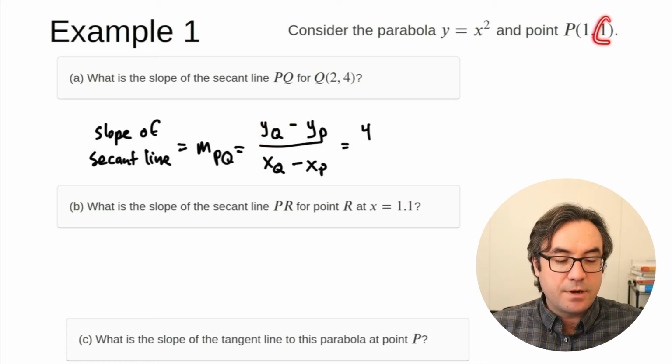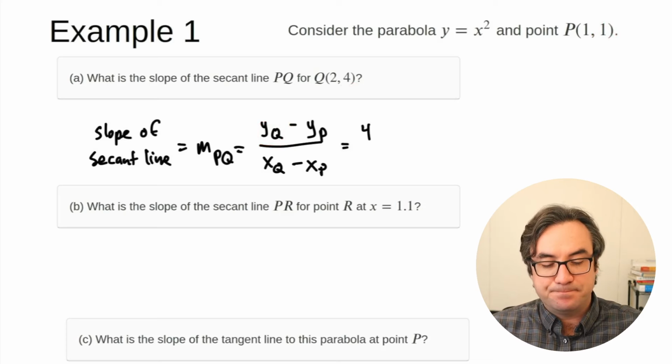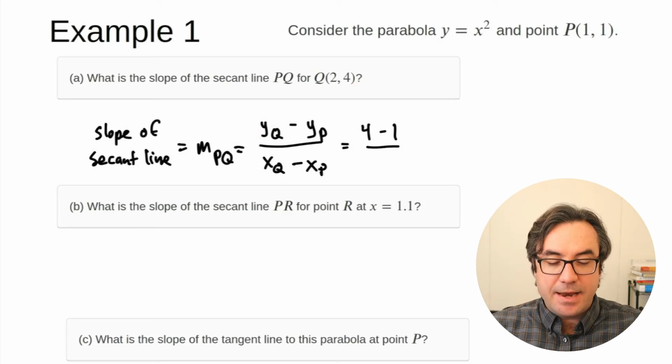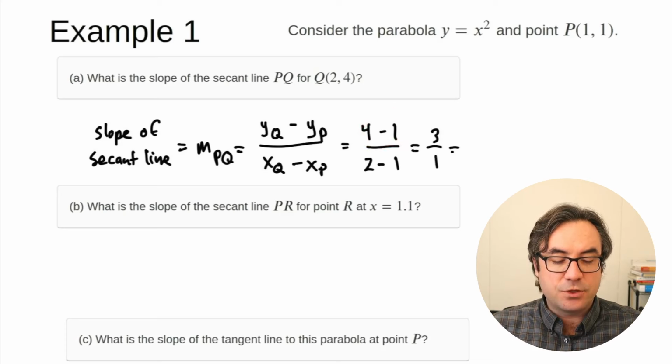And what's our y coordinate from point P? It's 1. And then the x coordinate from point Q? Well, it's 2. And our x coordinate from point P is 1. So if we calculate this, we end up with 3 over 1, change in y over change in x, just positive 3.